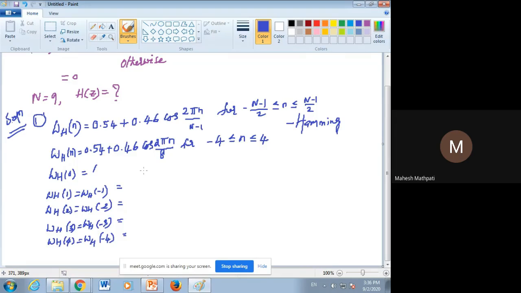What is the value of omega h of 1? Can anyone tell me? 0.8652. Yes, it is 0.8652.